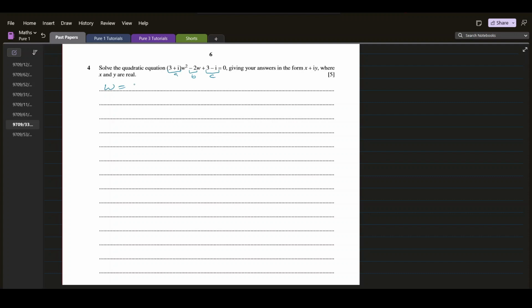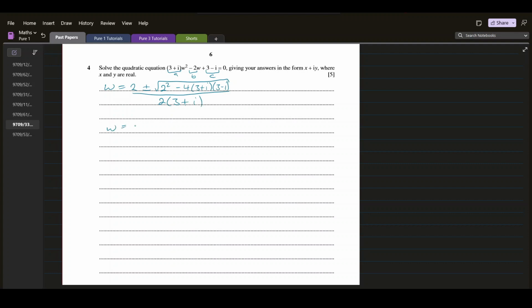So minus b, which is 2, plus or minus the square root of b squared, so that's 2 squared, minus 4a, which is 3 plus i, c, which is 3 minus i, and this is all over 2 times a, so that's 2 times 3 plus i.